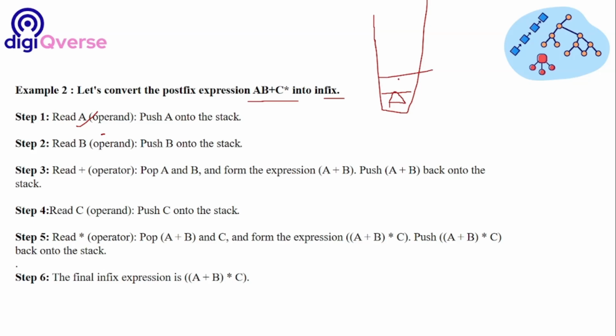Again we have the B. I set the B onto the stack once again, and after that we find the operator, which is a plus, and we pop out B, pop out A, and write the expression A plus B. So we have A plus B, and our stack is empty after the popping out.